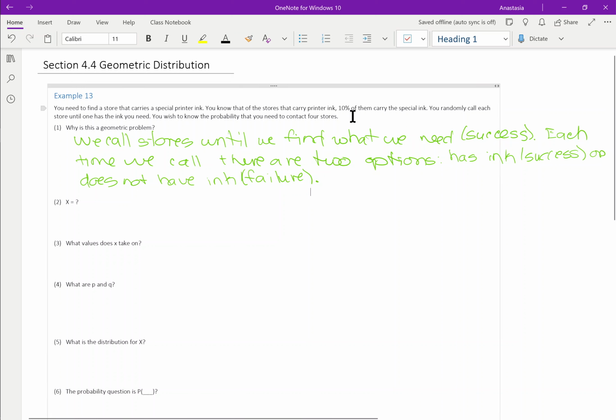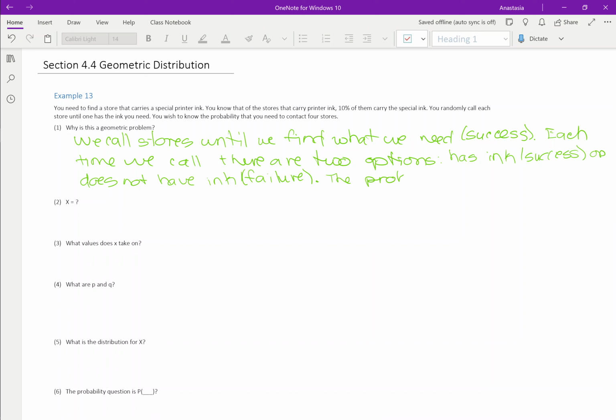And every single store has a 10% chance of carrying the ink. So the probability of success or failure is the same at every store. Which in this case, 1 store is 1 trial. So that's exactly what we need for a geometric problem.